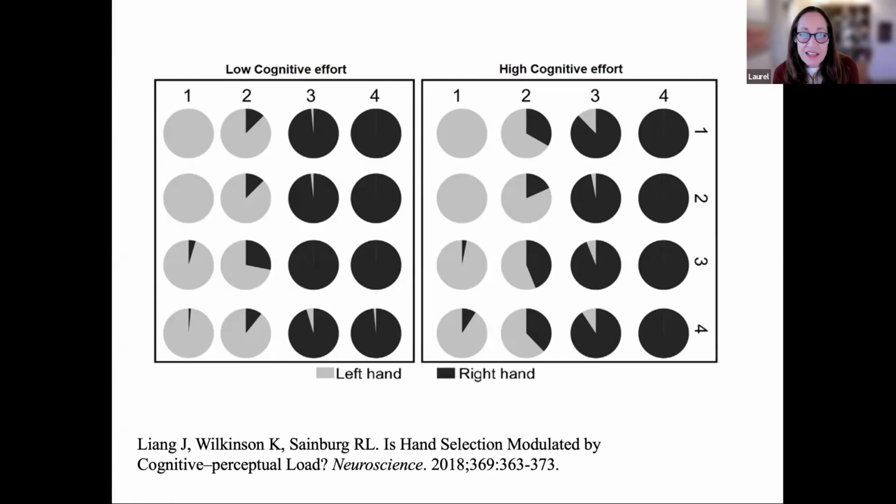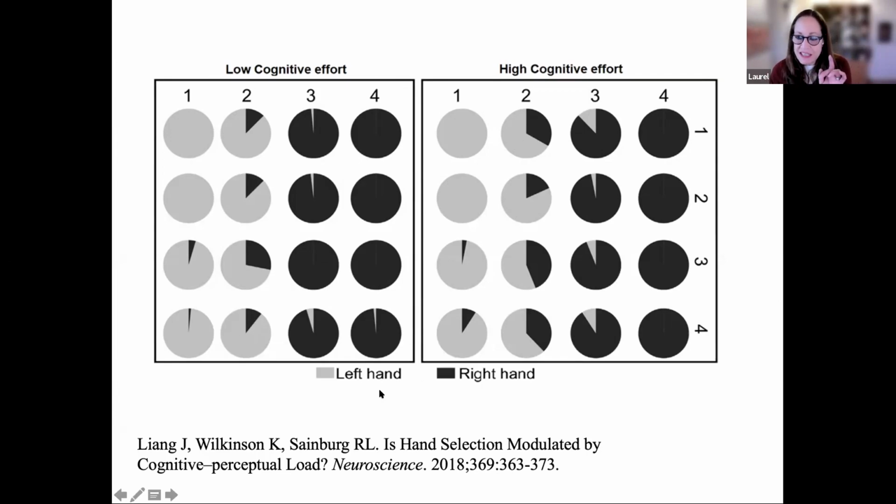Let's focus on column 2 over here in the high cognitive effort condition. Look at how much more they are reaching across into the left with the right hand. It's more black here than it is here. Does everyone nod if you're getting what I'm saying? Okay, great.